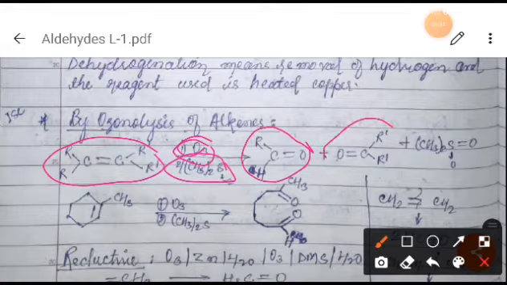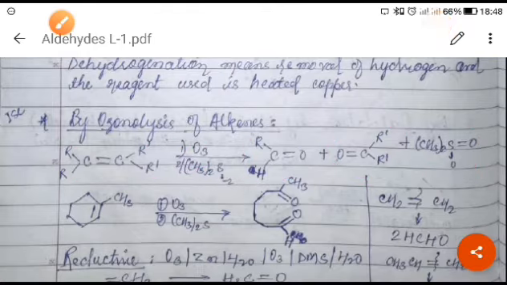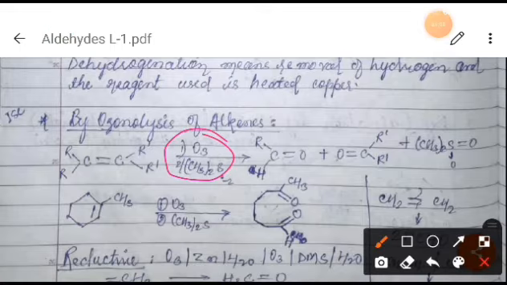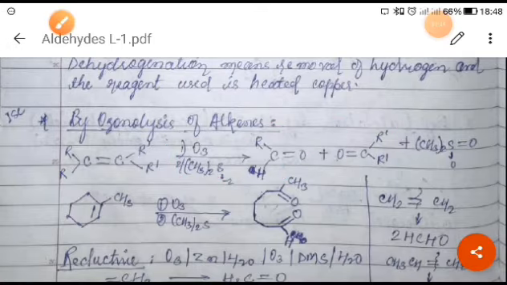As well as ketone, and the byproduct will be (CH3)2S=O, right? When we talk about the oxidation state, you can see that the sulfur is in the -2 oxidation state, but it has changed into 0 here, right? In this way you can ozonolyze in presence of O3 and (CH3)2S, so it will form aldehyde as well as ketone, simultaneously.